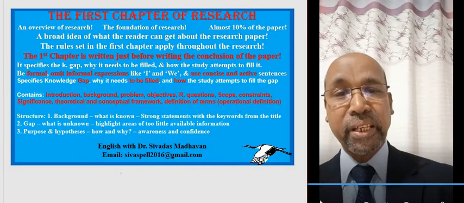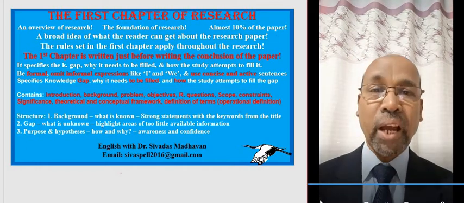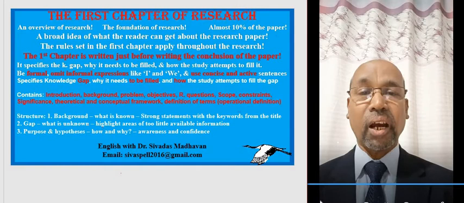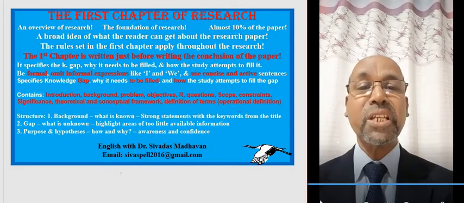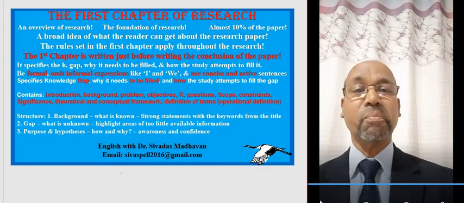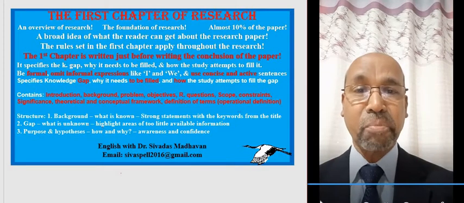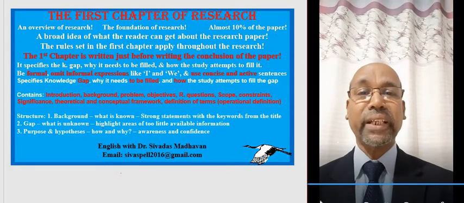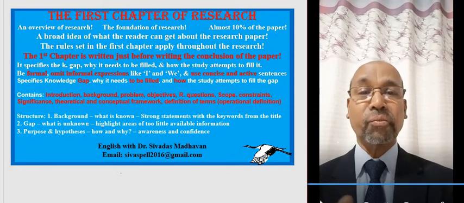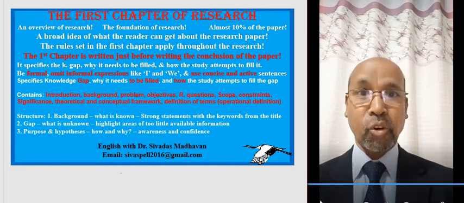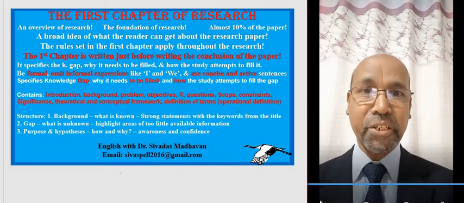And the third point is how and why this research gap is going to be filled by the researcher. So these 3 points are very important. So the first chapter is the foundation or the overview of the research. And I hope these ideas will be clear to you.